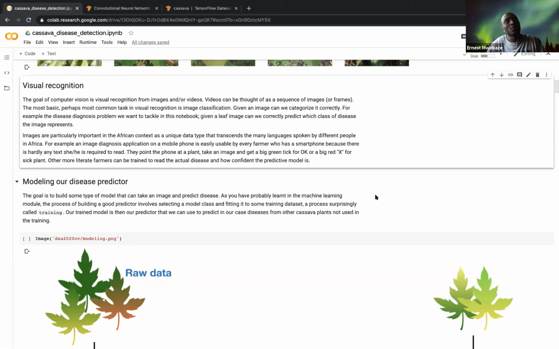People have done this with weather. There was a gentleman who was taking images of the sky, and from those images trying to predict whether it will rain or not. We are doing this with health data.